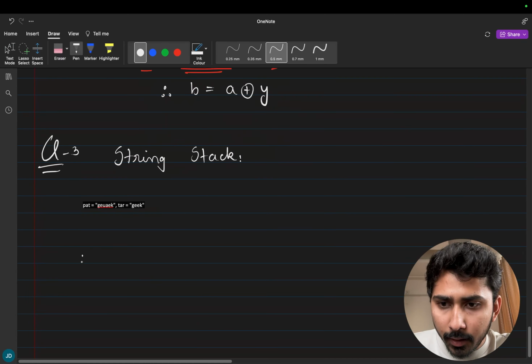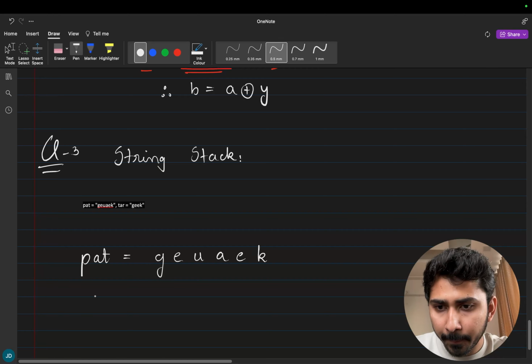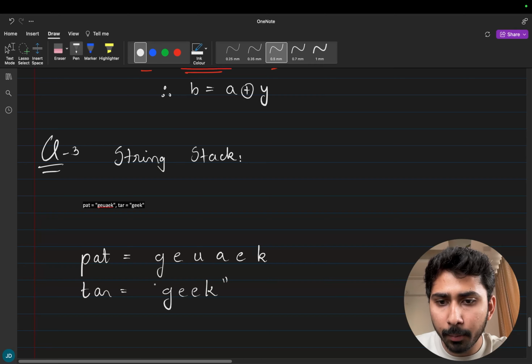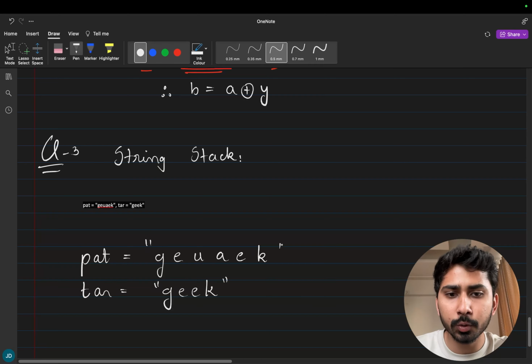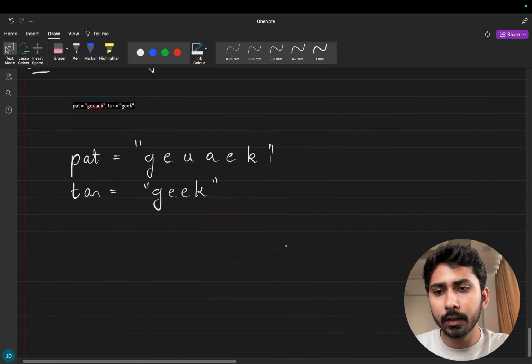It says that the pet string contains G, A, U, A, and K, and the tar string contains G, E, and K. So with the help of the characters of pet, you are supposed to generate a string S which will be equivalent to tar.